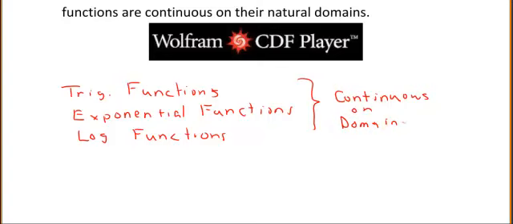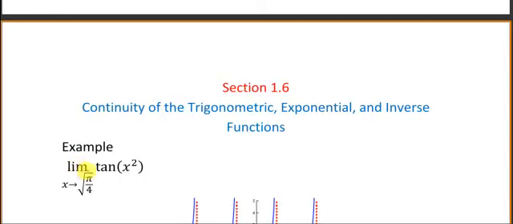Okay, let's use this. Suppose we want to take the limit as x approaches the square root of pi over 4 of tangent of x squared. First, let's take a look at what's happening to this x squared.